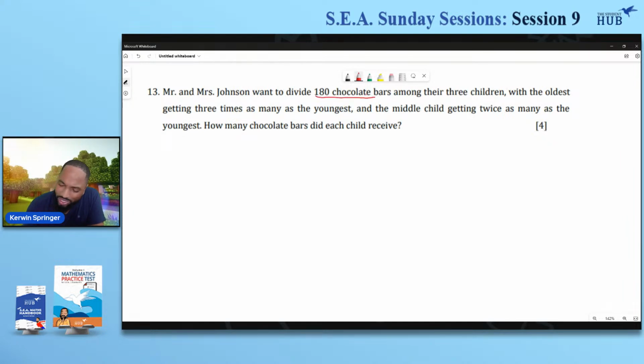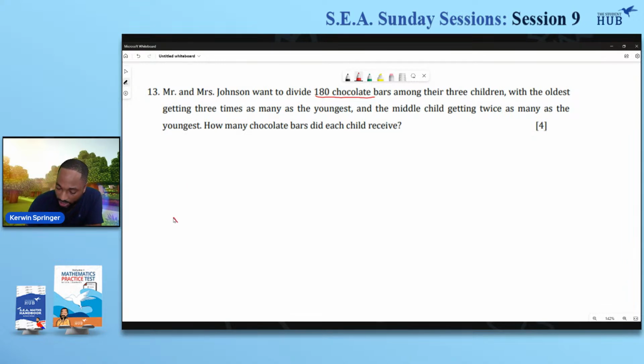And what are you doing with 180 chocolate bars? I've been a parent for 7 years and I've never encountered 180 chocolate bars to give my children. Your parents ever buy 180 chocolate bars? Let me just be making up things for question 6. With the oldest getting 3 times as many as the youngest.